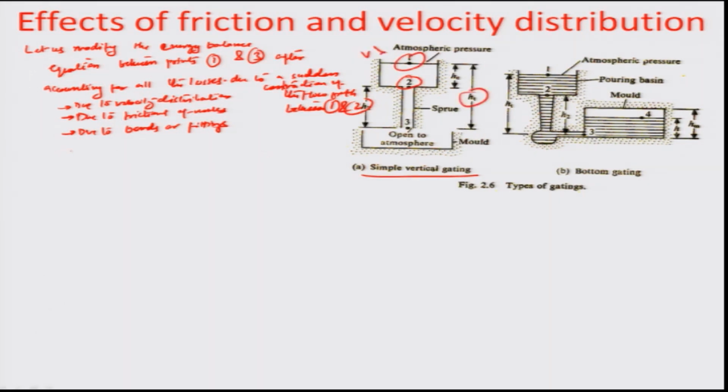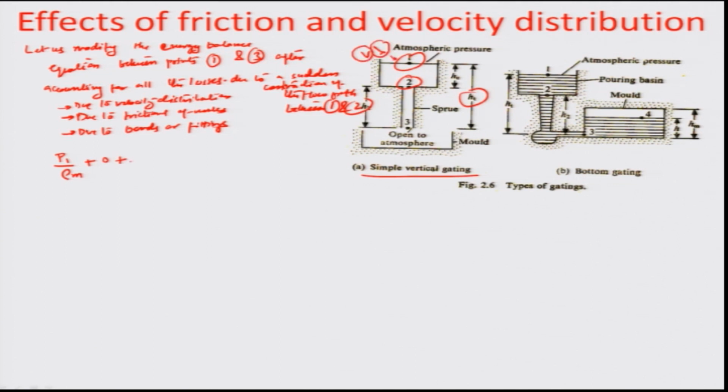So, the energy balance at 1 can be written down as P1 by rho m plus velocity head, which is 0 as assumed earlier. The velocity V here at the top of the pouring basin is assumed to be 0.